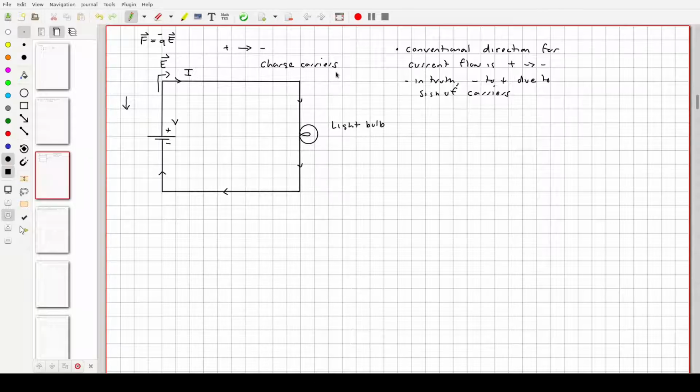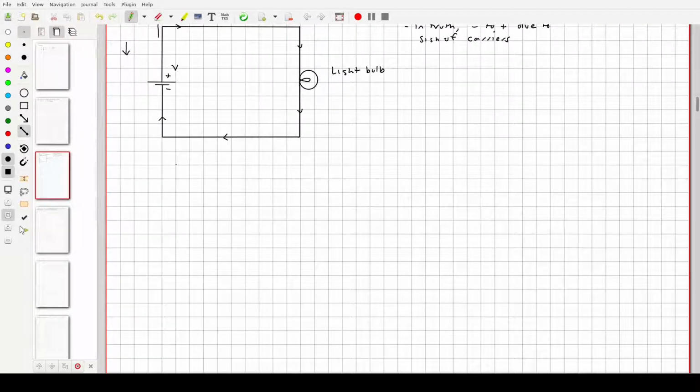So that said, what I would like to do now is take a look at how we view current flow from the subatomic standpoint, or at least from the microscopic standpoint. I want you to think of a wire as though it's a garden hose. So here is a cross section of your wire.